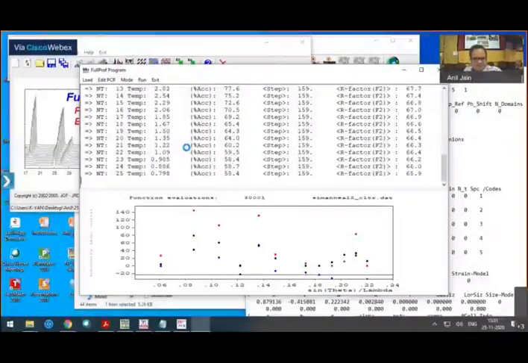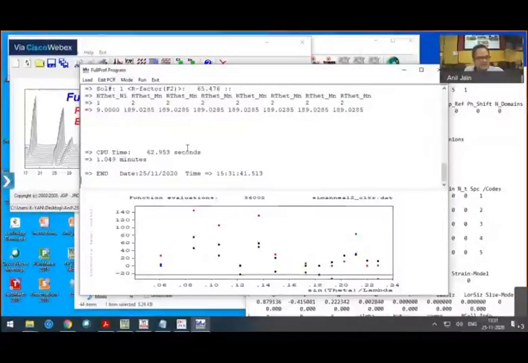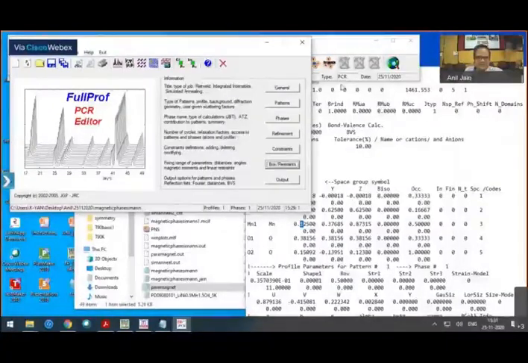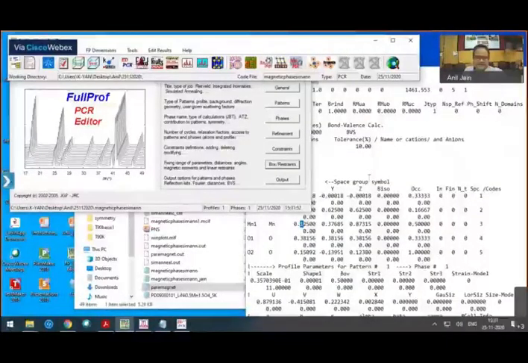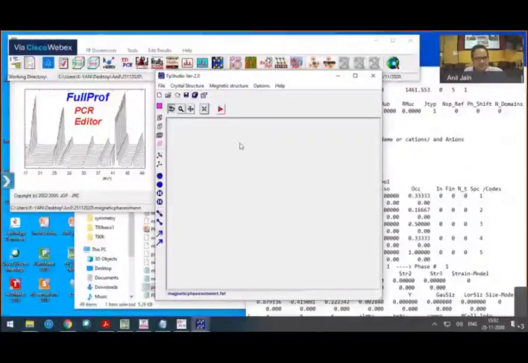So it is still running. Now, it has given some information about theta and phi, and then your idea is to analyze this and see what kind of magnetic structure you get. And after getting this information, let's just quickly see. I'm not sure whether it makes a file to see the magnetic structure.